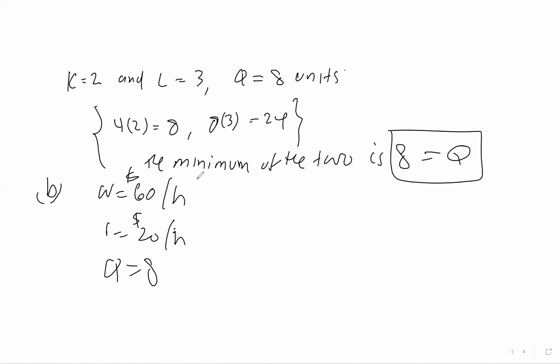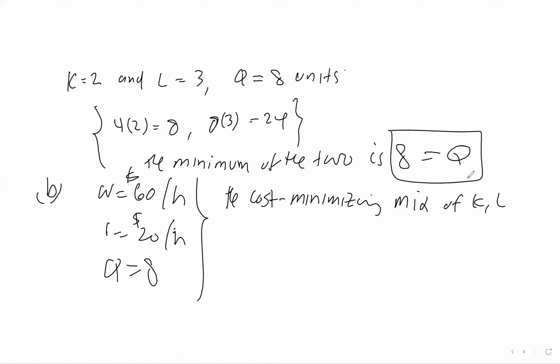The cost minimizing mix of K and L, where Q is equal to 8, is where K is equal to 2 and L is equal to 1.